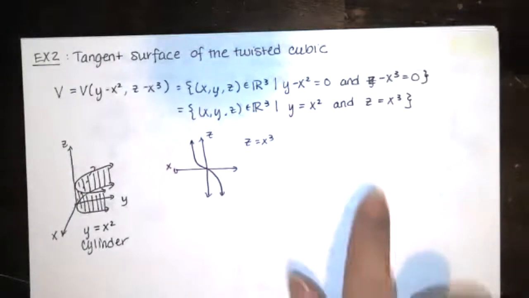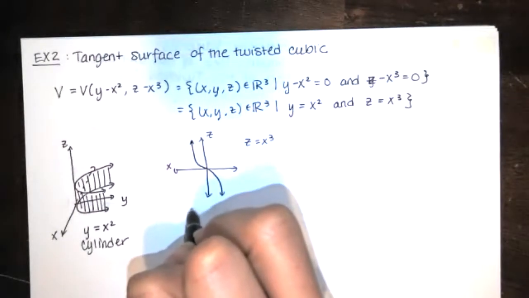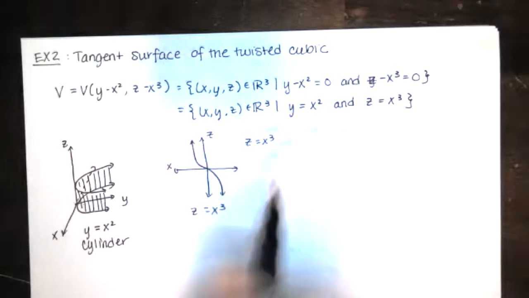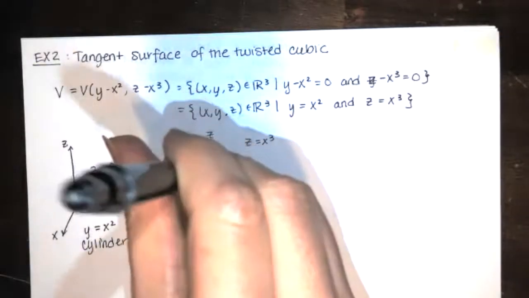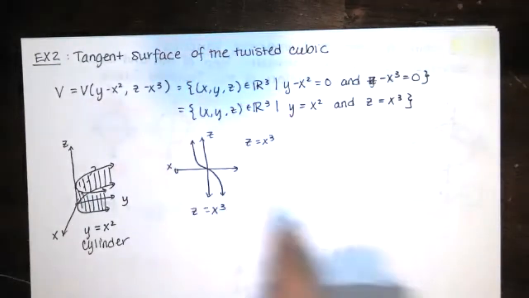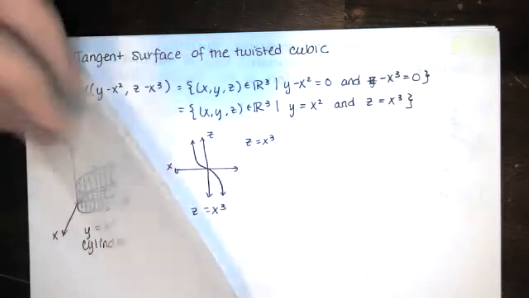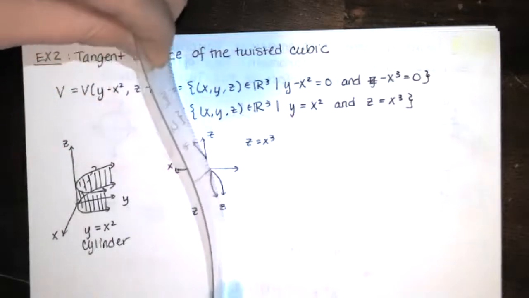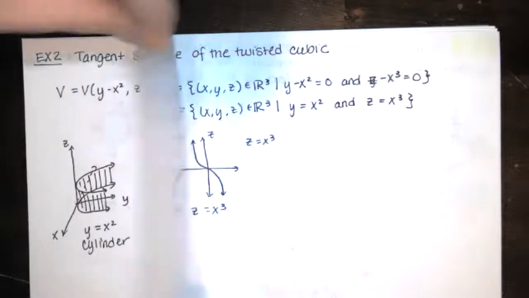So this z equals x cubed looks like this in the xz plane, but remember y is free to be anything. So the y-axis is pointing straight out at us like this, and this surface kind of looks like this. It's like a cubic function coming out of the page, coming out straight at you.